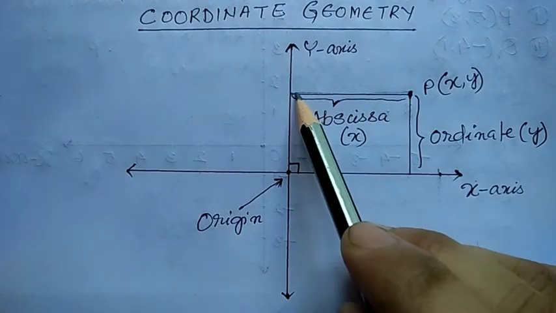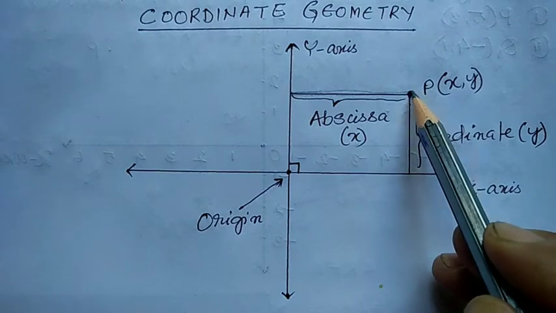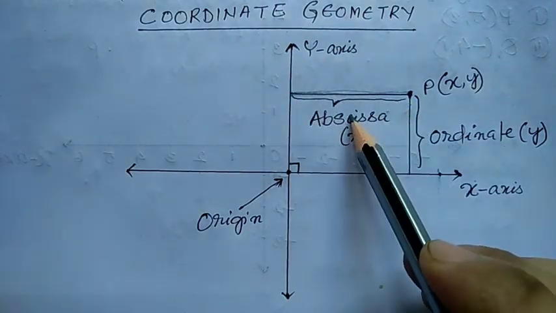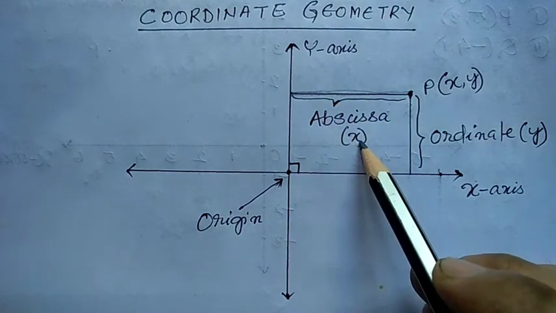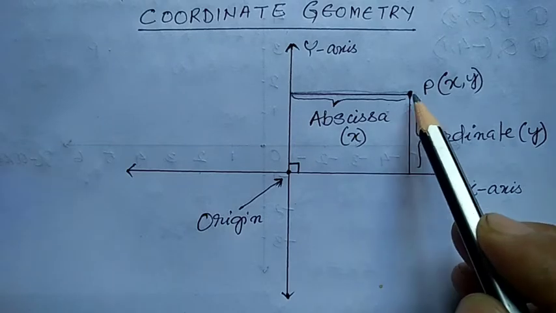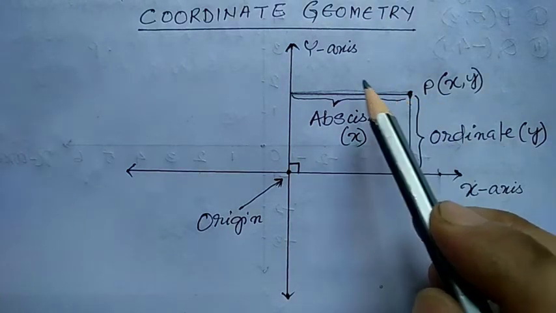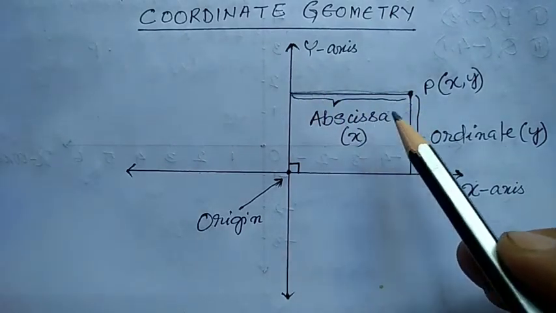This distance is called abscissa. I repeat, the distance of a point from the y-axis is called abscissa, and just now you have seen abscissa is denoted by the letter x. So abscissa is nothing but the distance of any point, here in this case point P, from the y-axis. That distance is called abscissa.